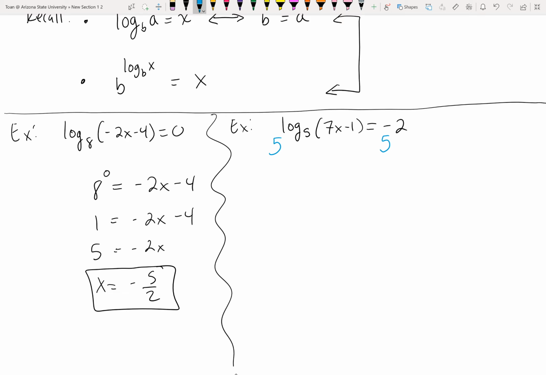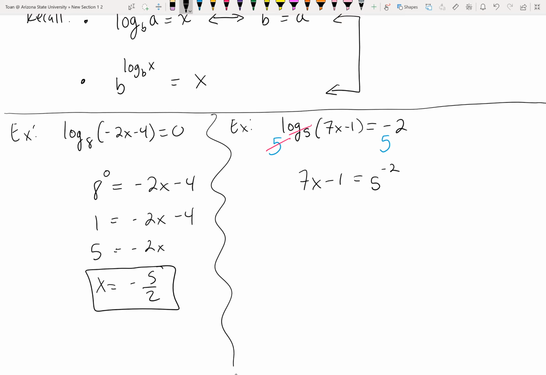Essentially what it means is you take the original equation and push both sides upstairs into exponents. We basically transform the original equation into exponents on top of a base 5. Now why did I choose 5? Because on the left hand side, 5 raised to a log base 5, these guys cancel out, and we're left with 7x minus 1 equals 5 to the negative 2 power.